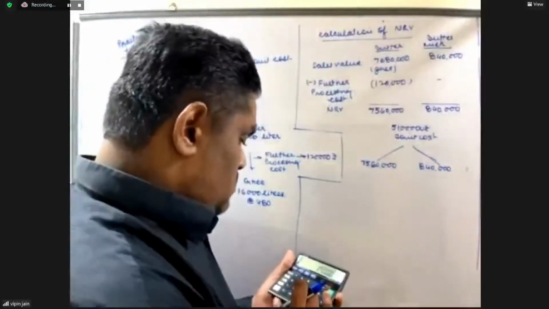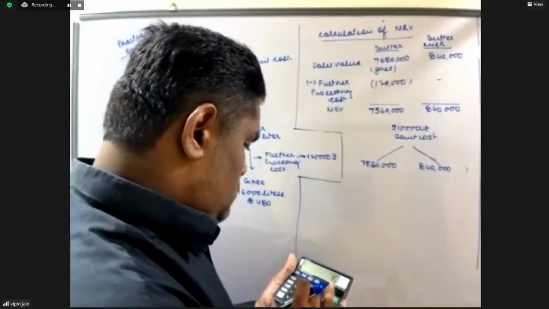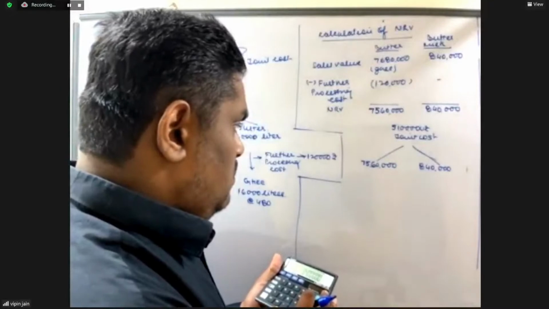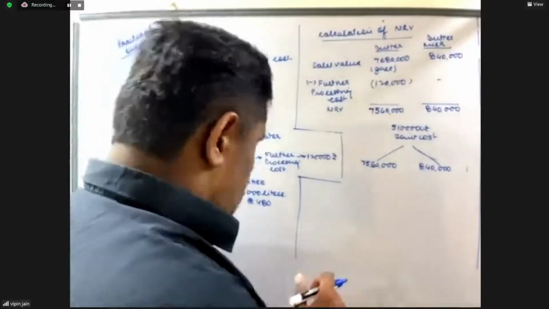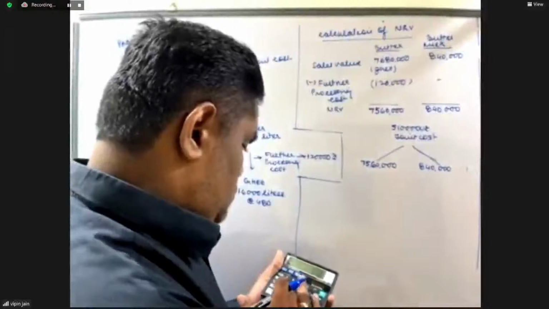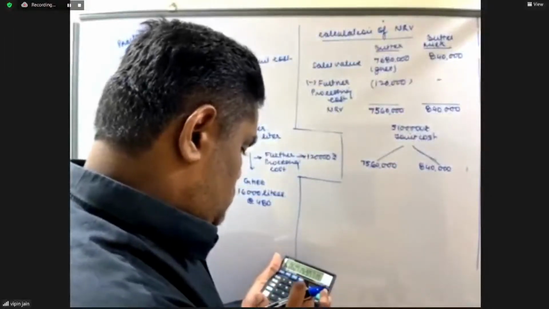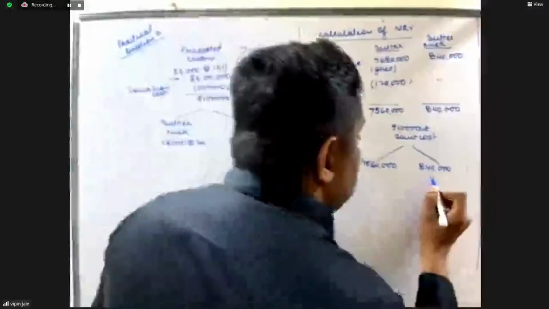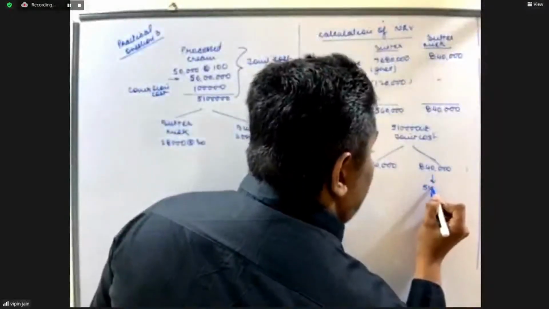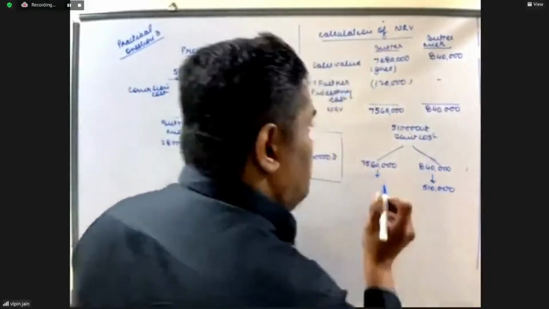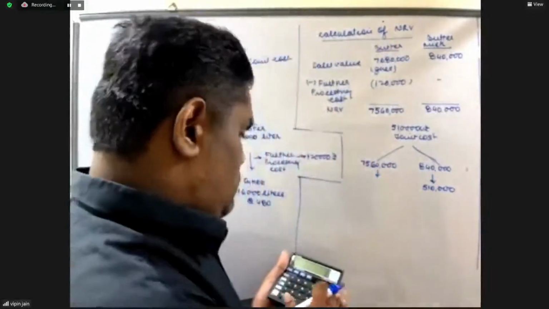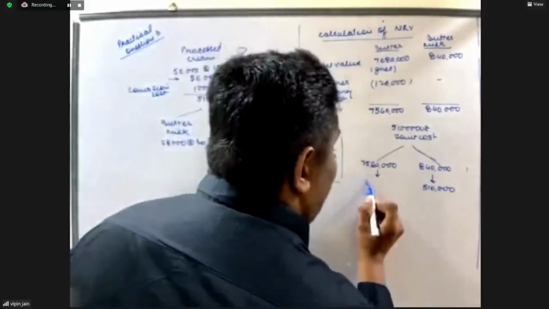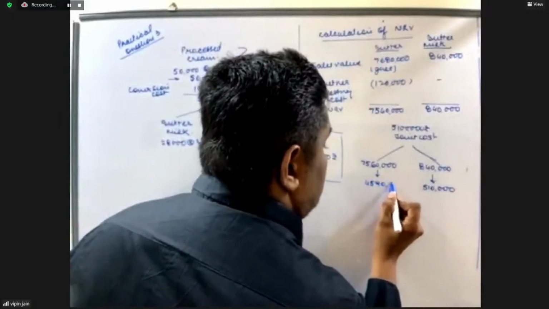So the joint cost will be 5,10,000 in this case, and 45,90,000 in this case.